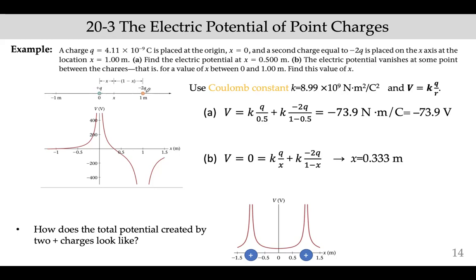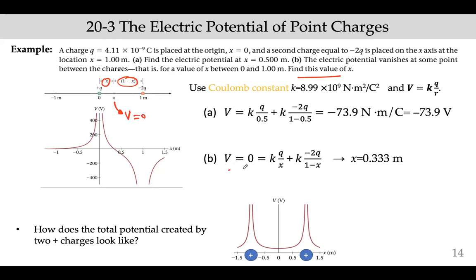If the whole thing is 1, and I call this distance x, then this part becomes 1 minus x. Part B is a different question. It says at this point, potential is 0. Now it says find x. At which point in between these charges does the potential become 0?